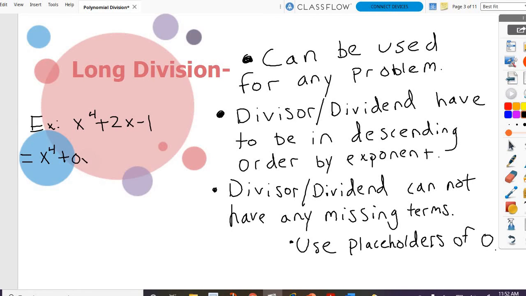An x to the 3rd and an x squared. So I would need to put 2 placeholders of zeros to make up for those missing things. And that's for your divisor and your dividend. Yes? So that's all the setup. That's all we're worried about so far.